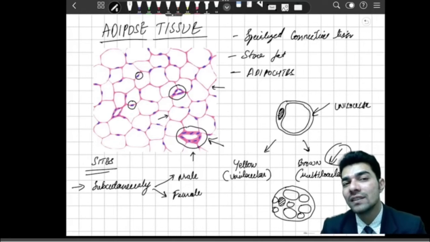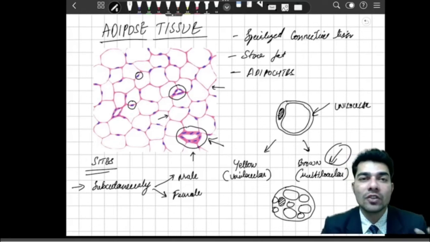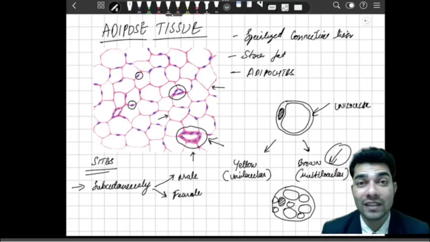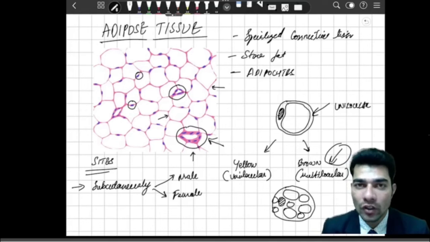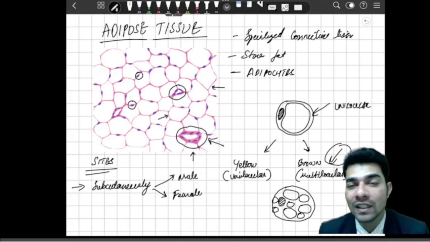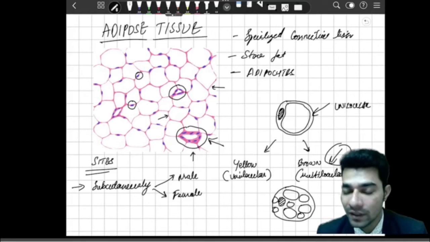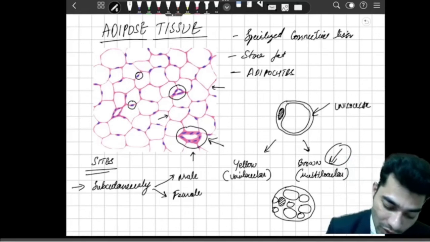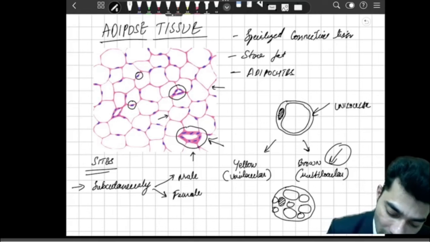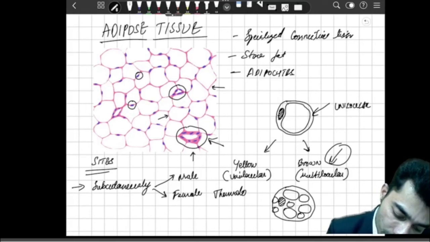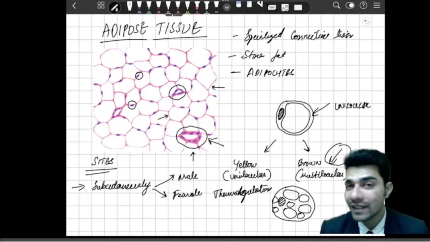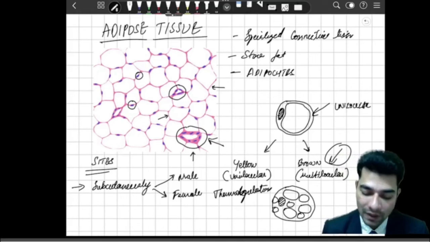In males, it is present in particular regions of the body, whereas in females a uniformly thick layer of fatty tissue is present throughout. Hence, it helps in thermoregulation. Fat is a bad conductor of heat, obviously.